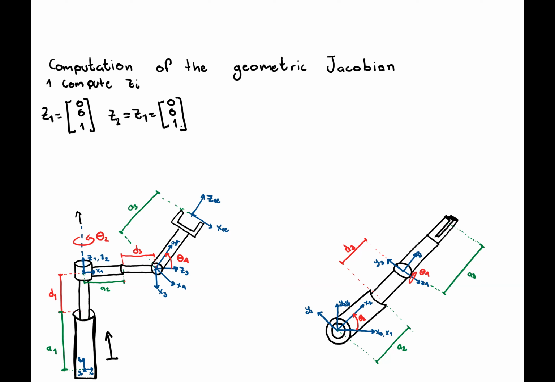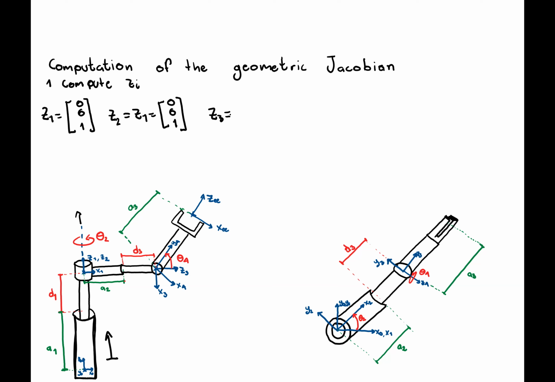For z3, what we're going to do is also fairly simple, because we know that all of the vectors are going to be 0, 0, 1, but we need to transform them to be with respect to the world frame.